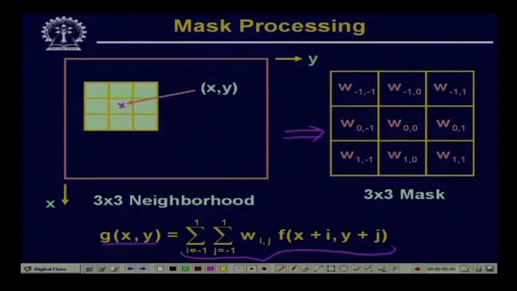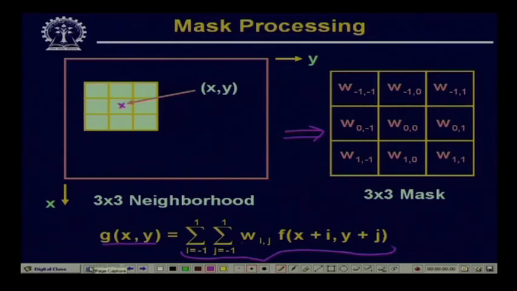Of course, as we said, we can have masks of higher dimension: a mask of 5 by 5 if I consider a 5 by 5 neighborhood, a mask of size 7 by 7 if I consider a 7 by 7 neighborhood, and so on. If this particular operation is done at every pixel location (x, y) in the image, then the output image g(x, y) for various values of x and y that we get is the processed image g.